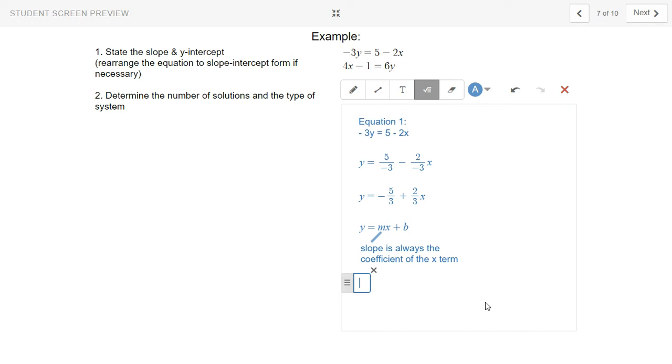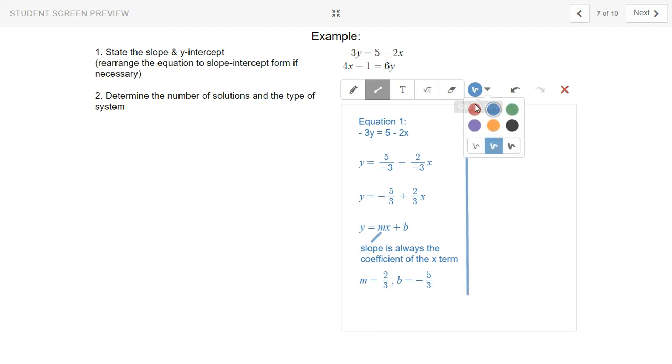So that being said, we have m is equal to 2/3 and b is equal to -5/3. All right, let's look at our second equation.